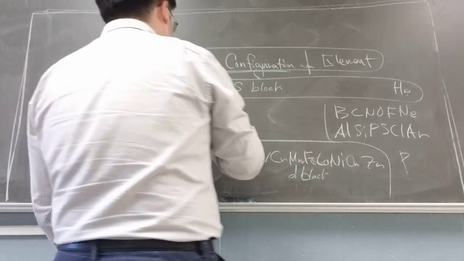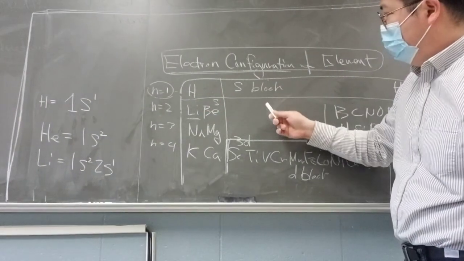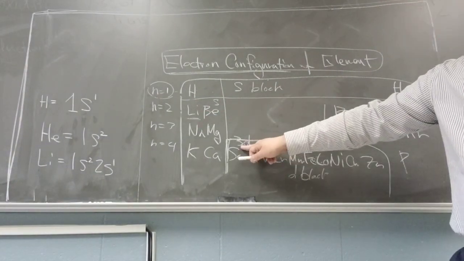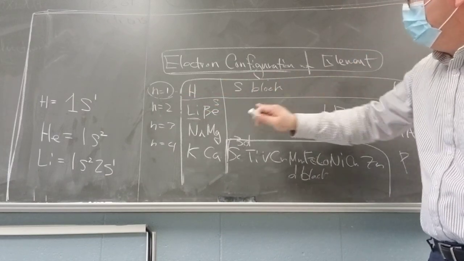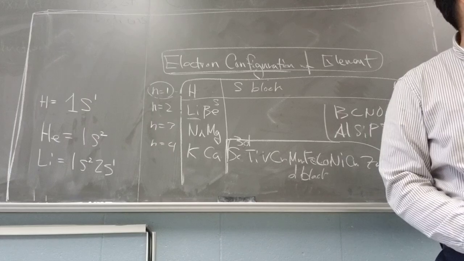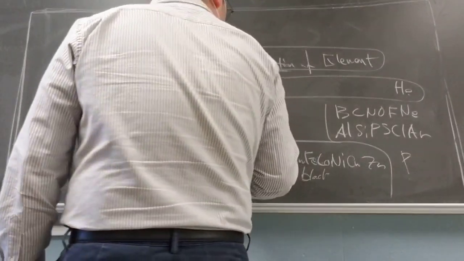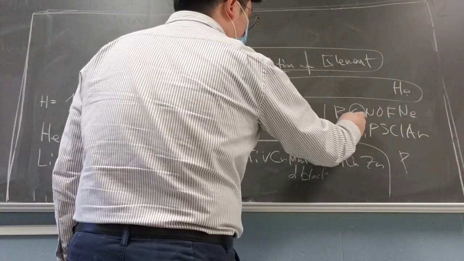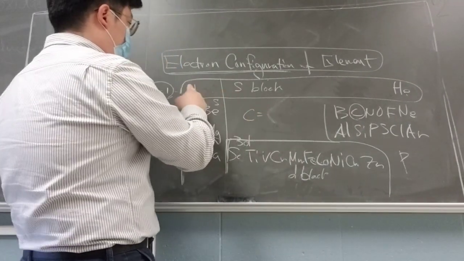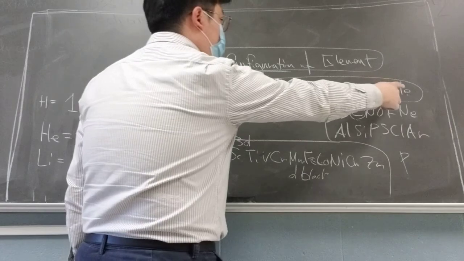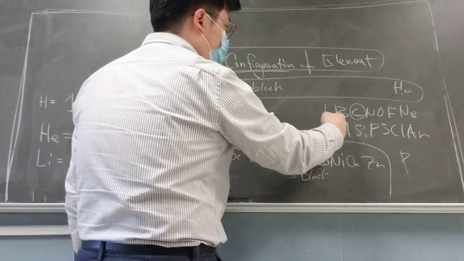Just following these blocks in each period, except D will start with this 3, not 4. 1s, 1s1, 2, and 3. Makes sense, right? I'll show you the carbon here. Let's do carbon. So carbon is what? You have to count from here 1, 2, 3, 4, 5, 6.